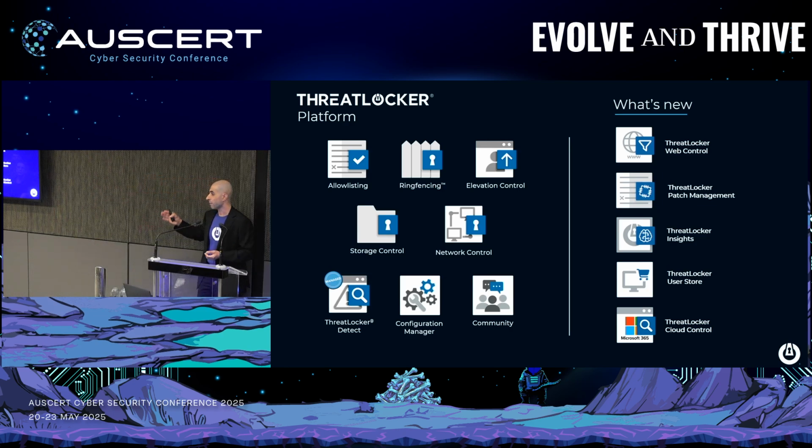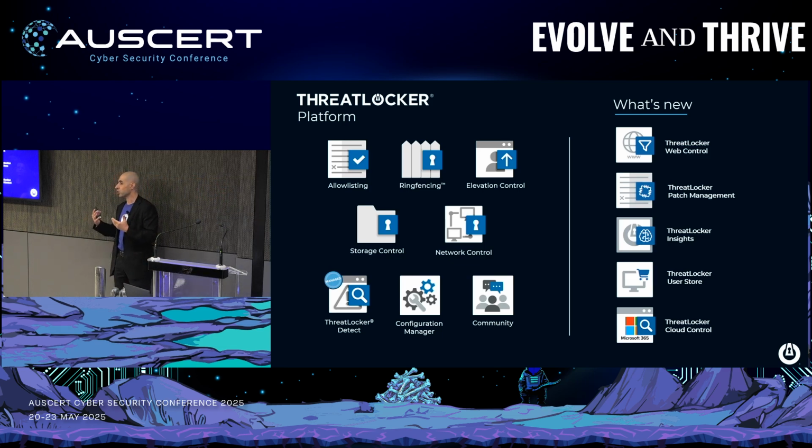Patch management makes a lot of sense because as part of our core allow listing capability, we've got what we call built-in applications, and they are effectively definitions that we keep for all our applications, some 8,000 applications that we manage the hashes for. So given that we do that effort of work already, why not go that extra mile and allow customers to patch their software through ThreatLocker?